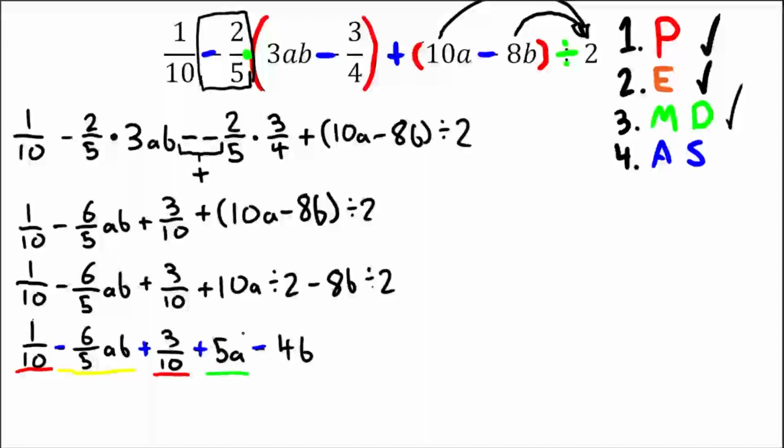Doesn't go with anyone there, so we're just going to leave that. And then finally we have minus 4b, right? The 5a doesn't mix, the minus 4b doesn't mix, the minus 6/5 ab doesn't mix. However, we have 1/10 and 3/10 that mix, right?